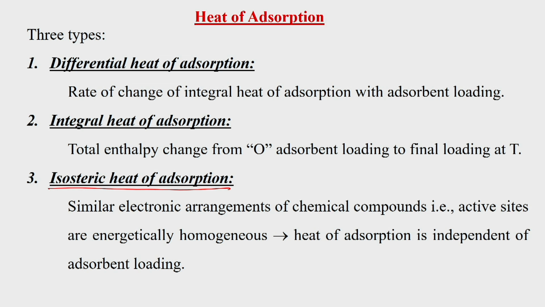And when calculating this isosteric heat of adsorption, we need to change the temperature from T1 to T2. We will be calculating it from thermodynamic considerations. Okay. So, we will be doing that using the Clausius-Clapeyron equation.